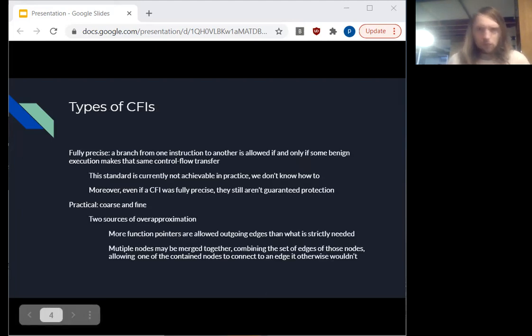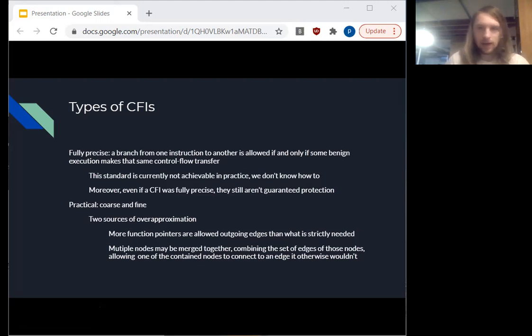So moving on, to get more into the particular terms and how to differentiate CFIs, fully precise is the only one that's rigorously defined, and that's a branch that goes from one instruction to another is allowed if and only if there is also a benign execution that makes the same control flow transfer. So the idea basically is you can only do something if it is possible to have done that and for it to have been benign.